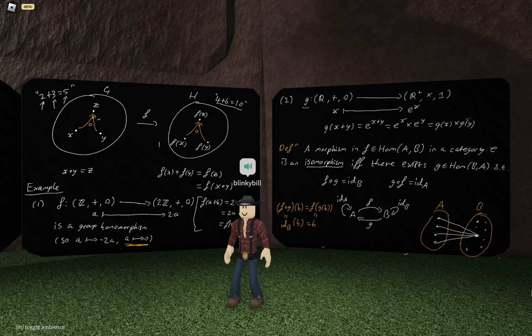So we have our morphism F that goes that way. We can exhibit morphisms from B to A maybe, but we can't do it so that you satisfy both of these equations. Which one of these are we going to fail at? Is it both of them or just one of them?